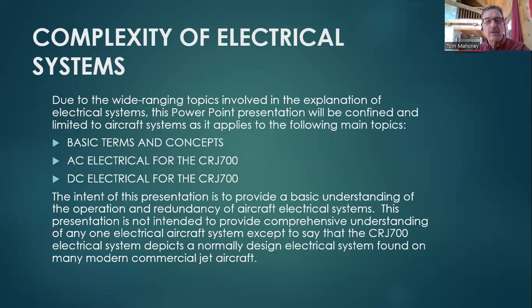So the first thing we're going to do in part one is review the basic terms and concepts so we're all on the same page, so we're talking about the same stuff. When I say something, you'll understand what I'm talking about. Then part two is actually going to cover the AC electrical and DC electrical systems on the CRJ 700. There may be a little intermixing, but this is typically a good electrical system where you understand throughout.